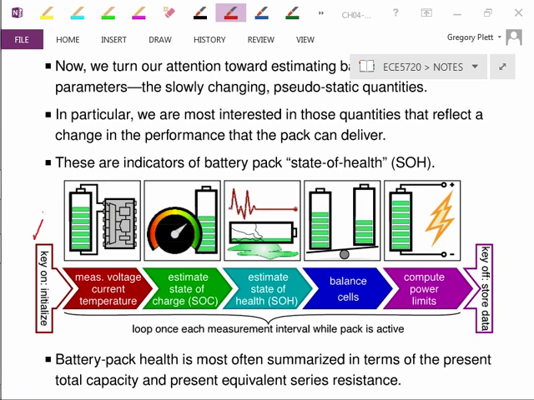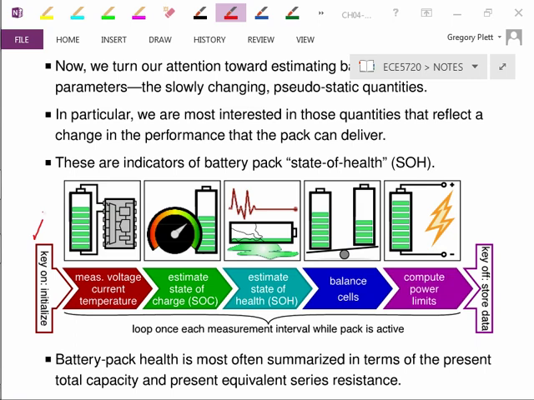And just as a preview, looking forward, after we estimate the state of health of a battery cell inside of this program loop, we also are going to look at how to balance the battery cells, how to equalize their capabilities inside the battery pack so that we ensure the performance of the pack as a whole.